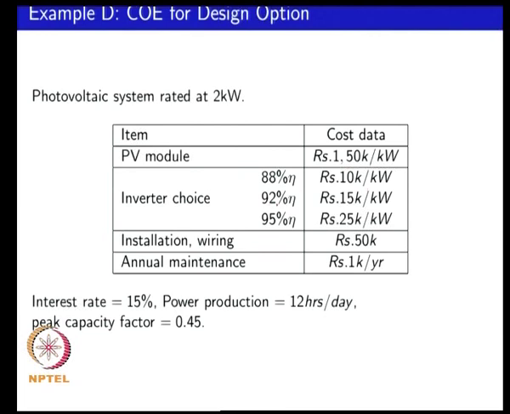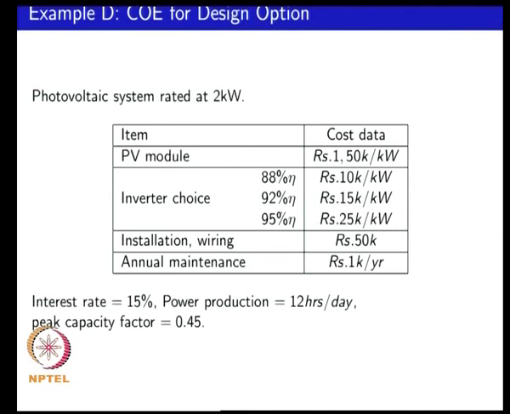The 92% efficiency inverter costs 15 rupees per kilowatt, and the 95% efficient inverter costs 25 rupees per kilowatt. And the question is, which inverter would be an appropriate choice for your design, and could you make use of the cost of energy as a possible basis for making a design decision.